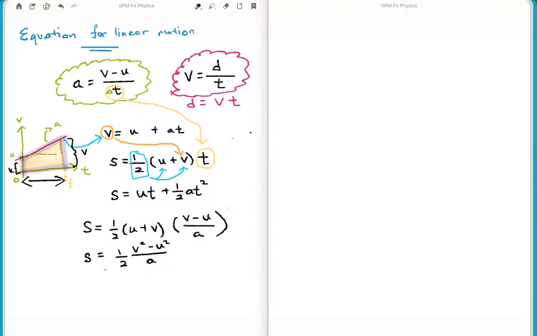Eliminate denominators, you bring it up, so therefore you rearrange that. V squared is equal to u squared plus 2as, okay? So this is a matter of rearrangement, okay? You don't actually need it, it's just to show you how to do it.